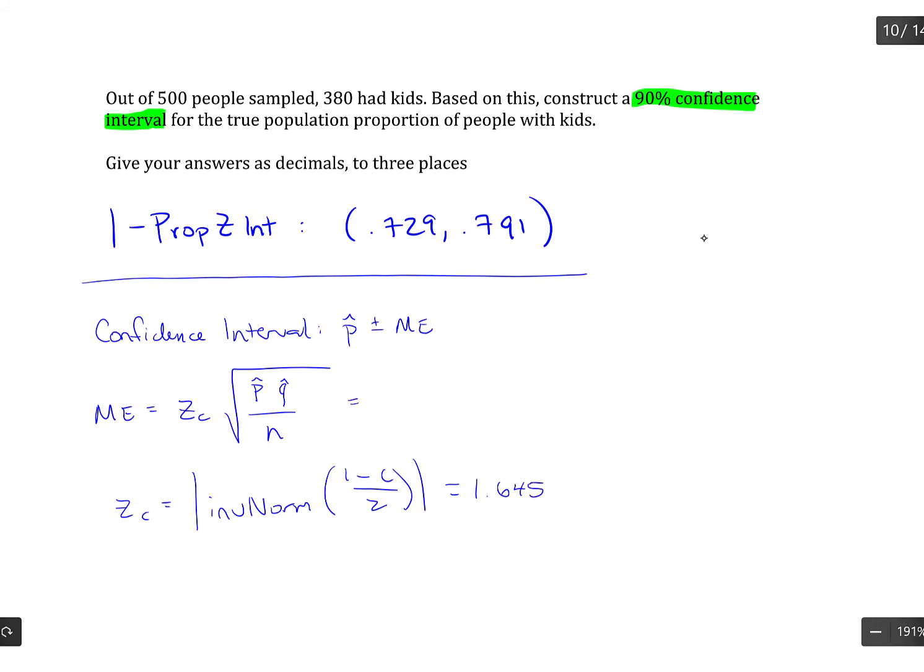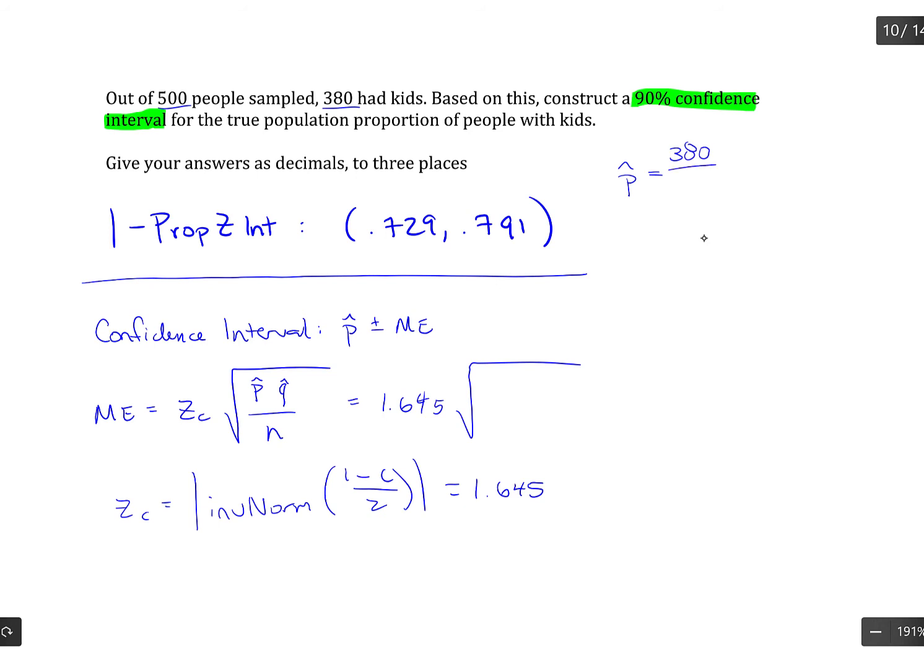So we have our 1.645, our critical value. Now we're going to multiply that by p hat. We don't know exactly what p hat is here. We have the number of items that favor our event and the number of items out of the sample.